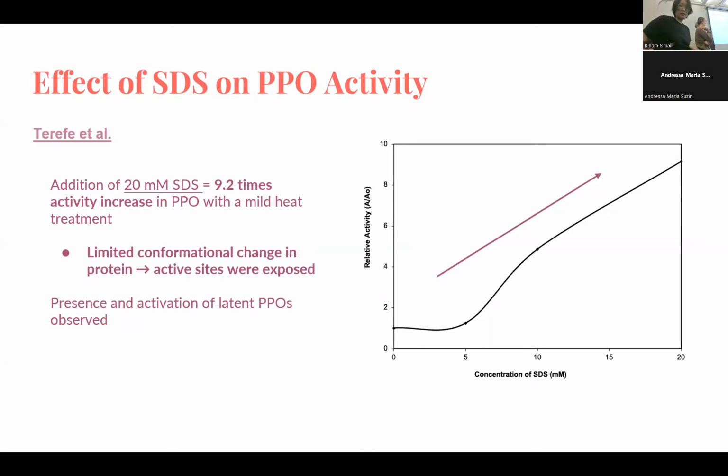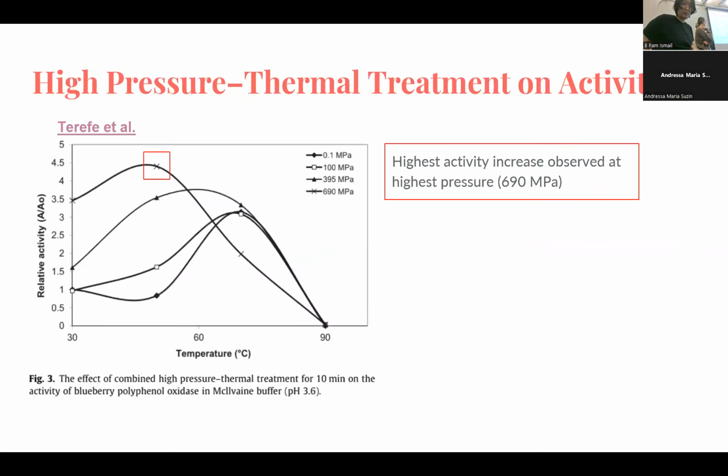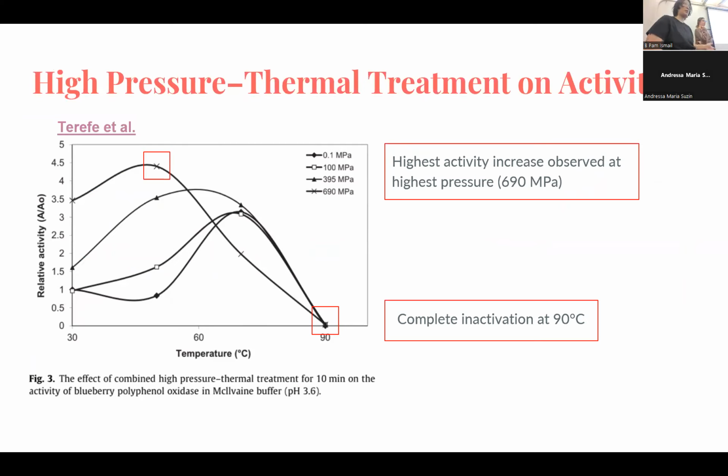But what was actually found was that pressure caused a really high activity increase. So the authors' recommendation was to discard pressure treatment and continue on with thermal treatment, at atmospheric pressure.